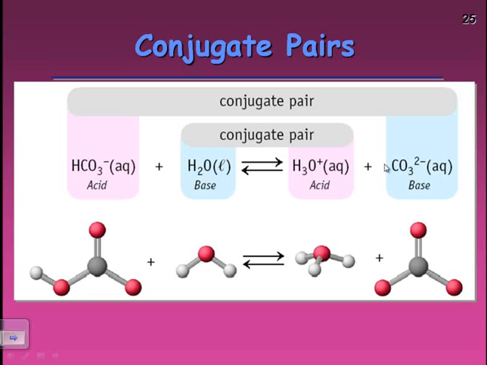Now when it does that, it is now available to pick up an H plus, so it's going to act as a base. Two-headed arrow, this goes back and forth. So I have an acid, but the acid, once it loses its hydrogen, becomes a base. So we call this a conjugate base. So this is the acid and its conjugate base pair.